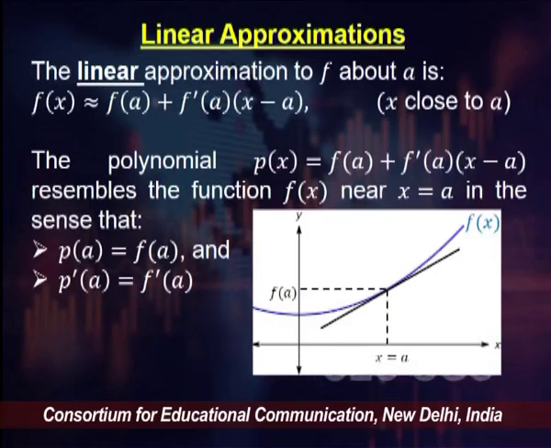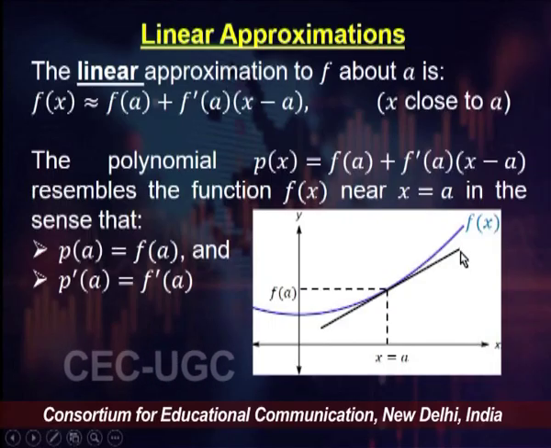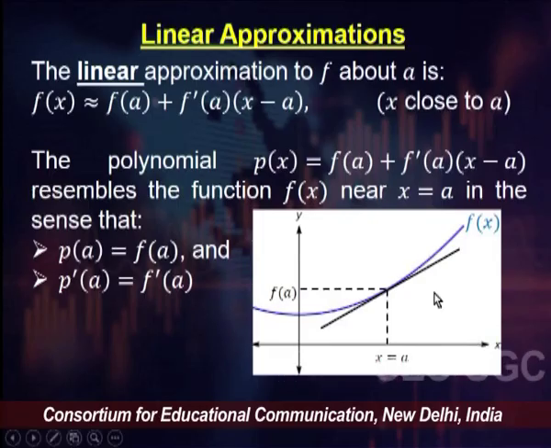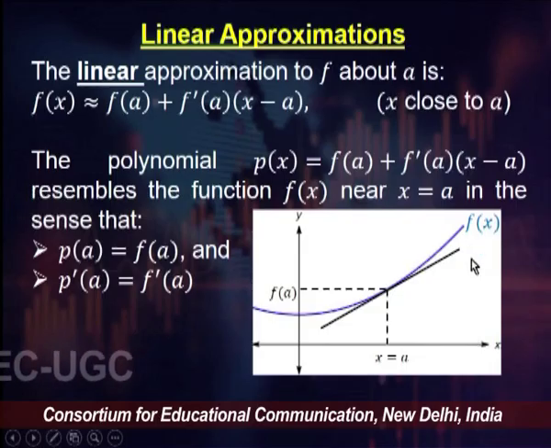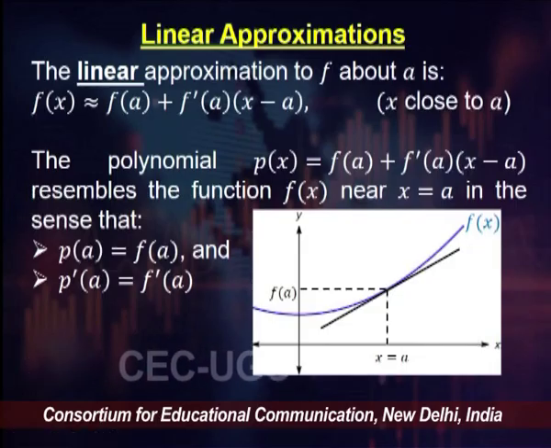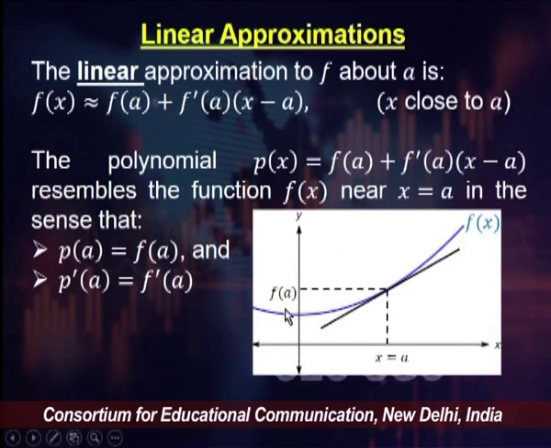What you can see here pictorially is also what I've just conveyed mathematically: both the function and the polynomial approximation we are using, which is a linear approximation or the tangent line here, have the same value at x equal to a, which is f of a.